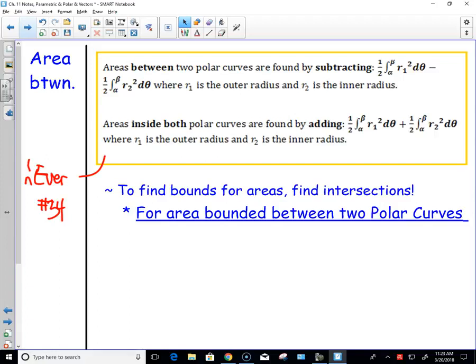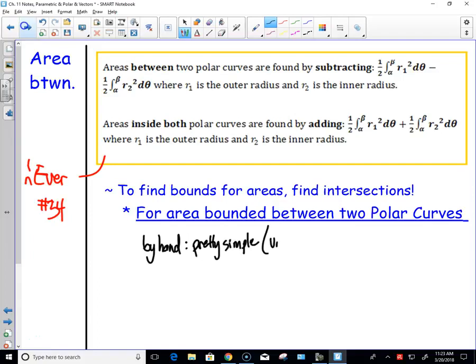Here's the struggle. If we're able to do it by hand, then the curves must be pretty stinking simple, because if the curves get complicated, by hand is going to be basically impossible. So by hand, they're going to be pretty simple. Obviously, we're going to have to know our unit circle. I mean, it's kind of silly that I'm writing it, but I am.